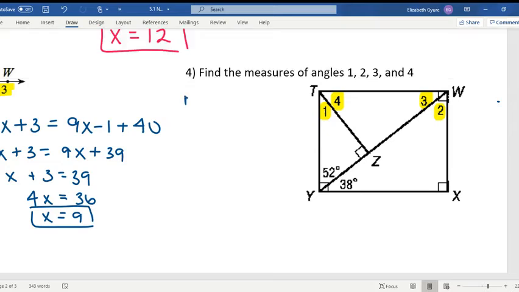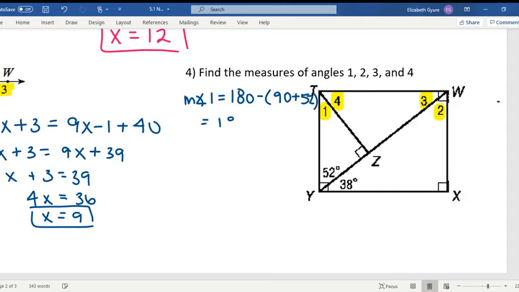So the measure of angle 1 equals, and I'm going to do this in one step. You don't have to do one single equation if you don't want to. But I know that I need to take 180 minus what I have so far, which is 90 and 52.